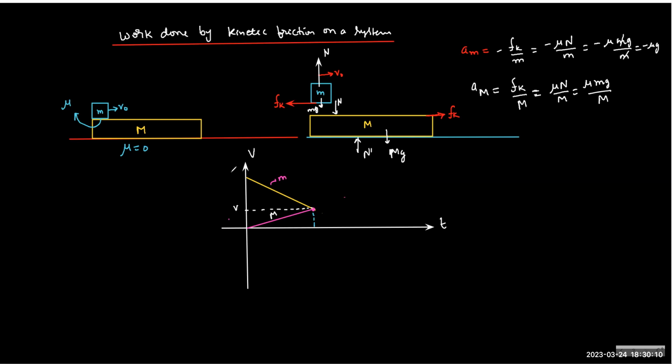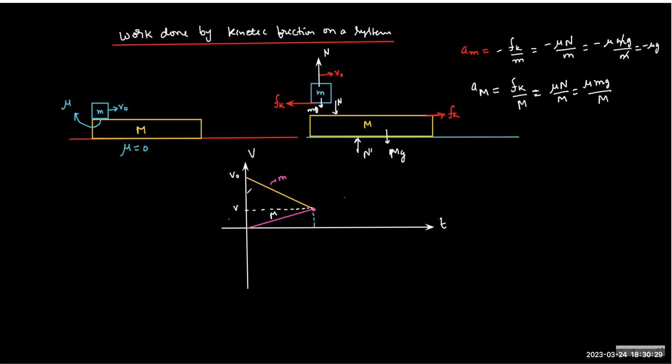Okay. And what it means is the relative motion will cease. When block and plank have the same velocity, there is no relative motion and suddenly friction will vanish.